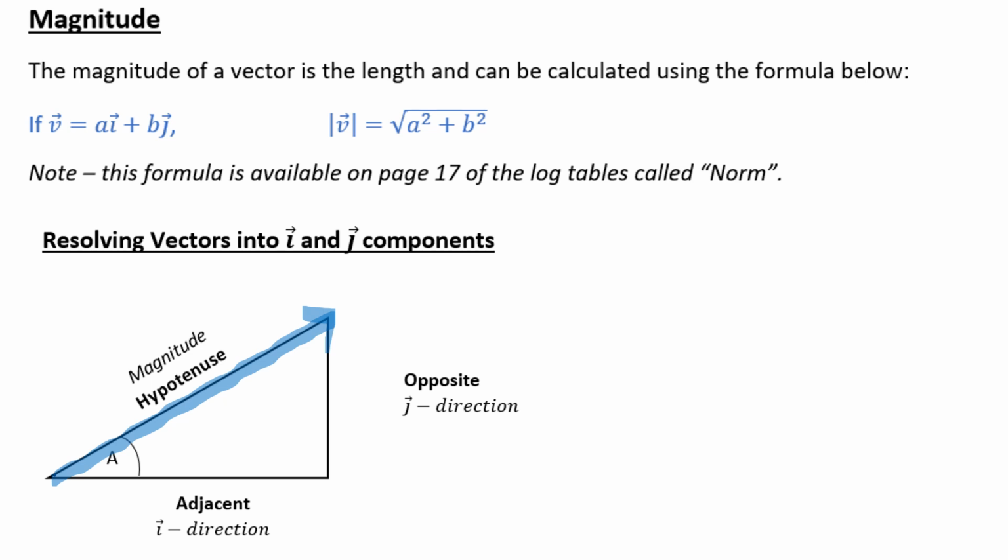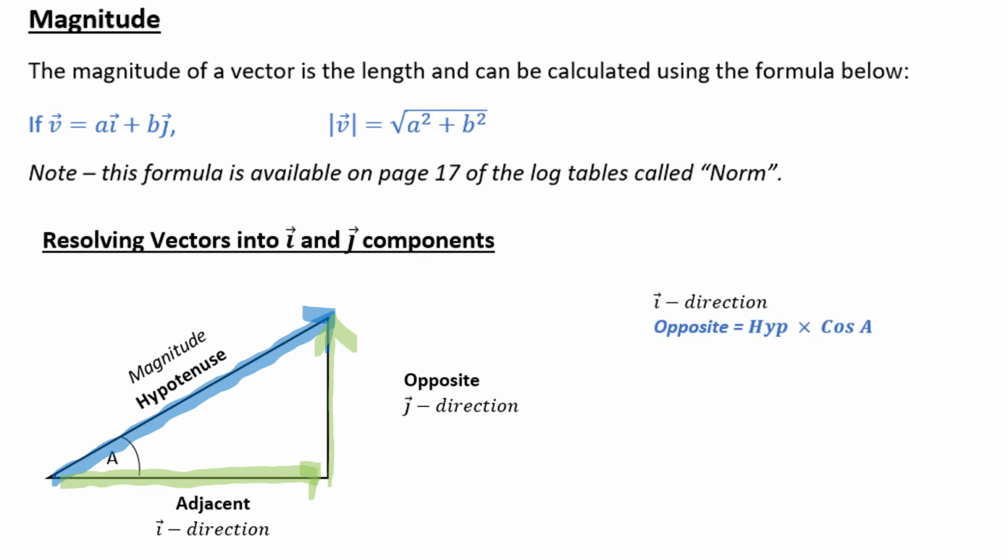Okay, so the hypotenuse is the magnitude. And then that vector can in turn be broken into an i component, which is the bit that's horizontal, and a vertical component, which is our j component. So rather than having this diagonal, we can say it's so many across and so much up. So that's how we deal with our vectors. So i represents across, j represents up and down.